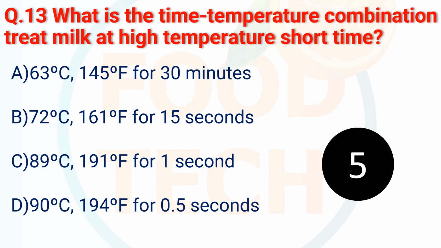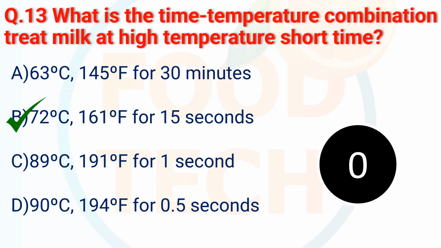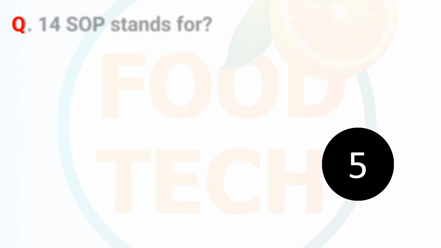A. 63 degrees Celsius, 145 Fahrenheit for 30 minutes, B. 72 degrees Celsius, 161 Fahrenheit for 15 seconds, C. 89 degrees Celsius, 191 Fahrenheit for 1 second, D. 90 degrees Celsius, 194 Fahrenheit for 0.5 second. The answer is B. 72 degrees Celsius for 15 seconds.